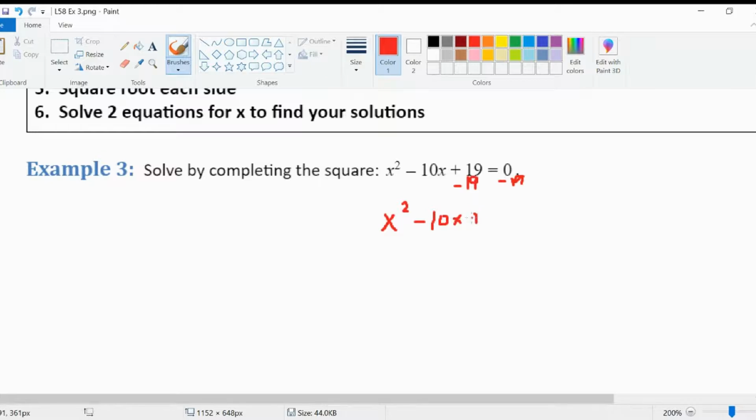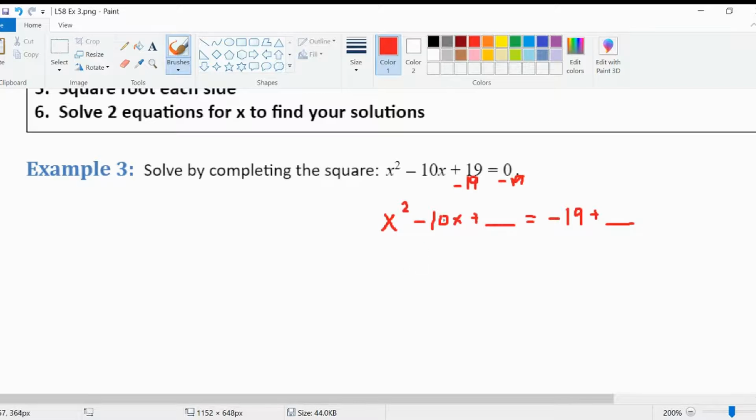Now I like to put that we are going to complete the square with something right here. We are going to do that here in a second. And then on this side, we're left with negative 19. And anytime we are doing algebra with operations on both sides, we need to balance our equation. So we're going to add something to that side as well.